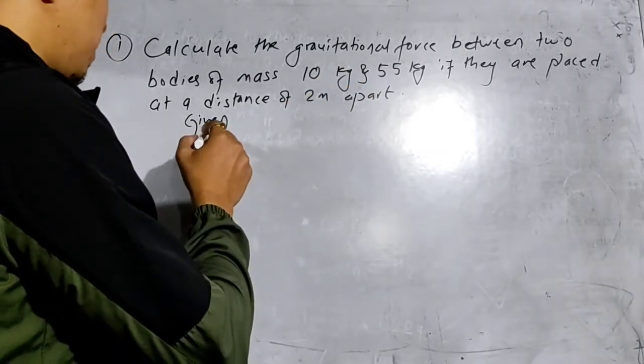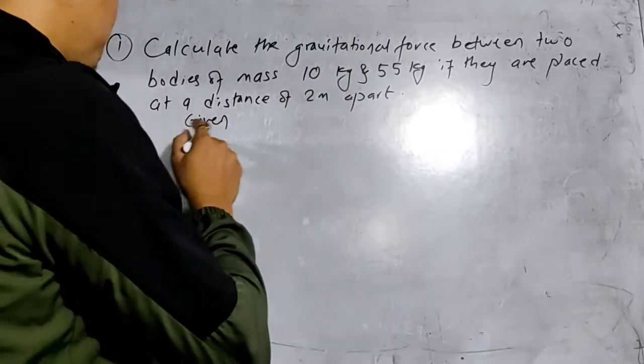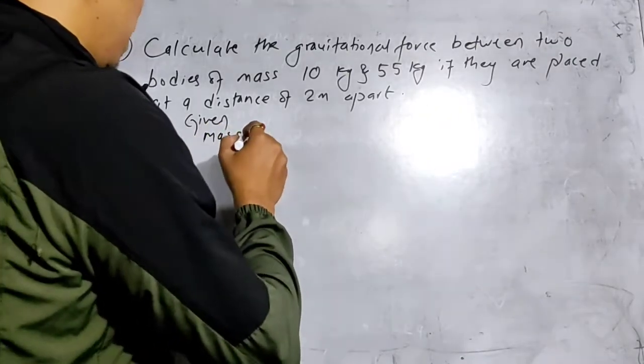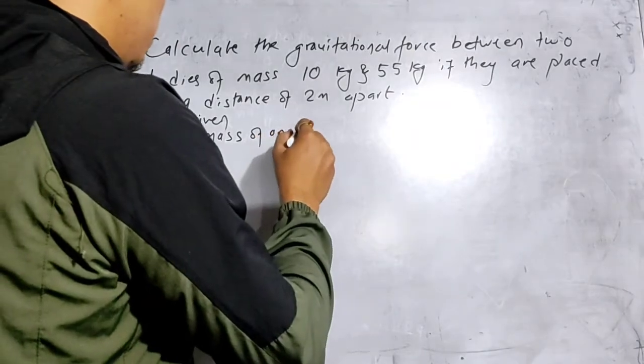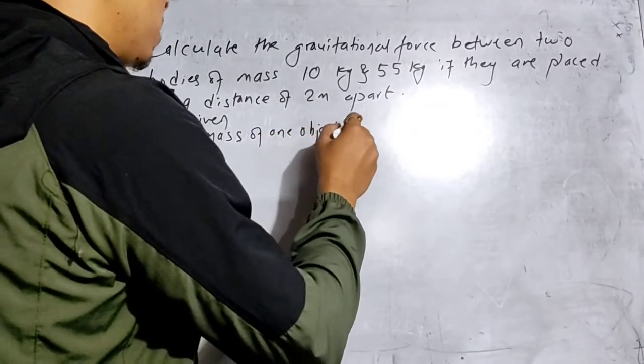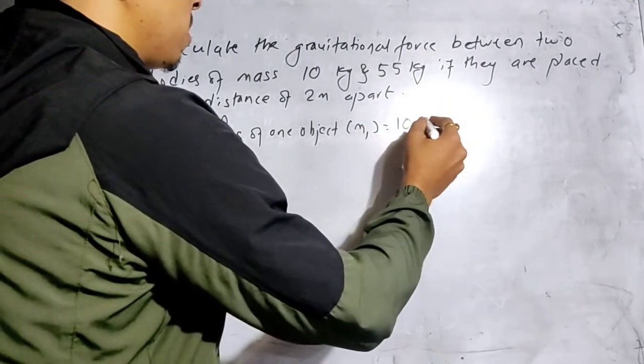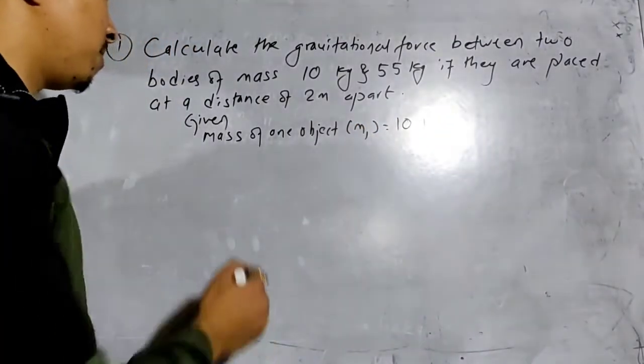Then after, we have to write the mass of one object. Let us consider that as m1, and it is 10 kg.